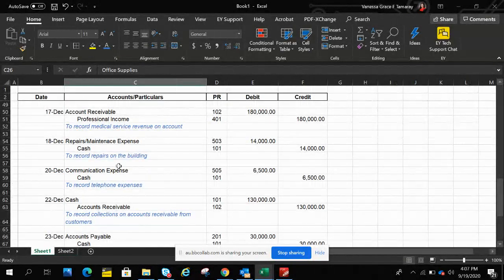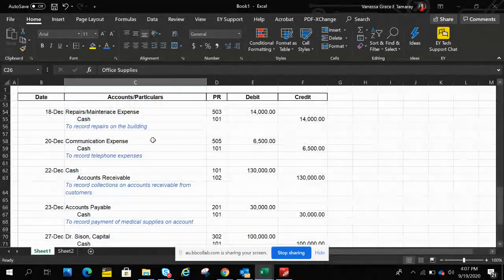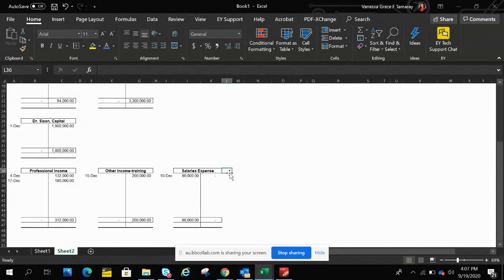Next, repairs expense, 14,000 pesos. Debit, credit cash. So, repairs expense.